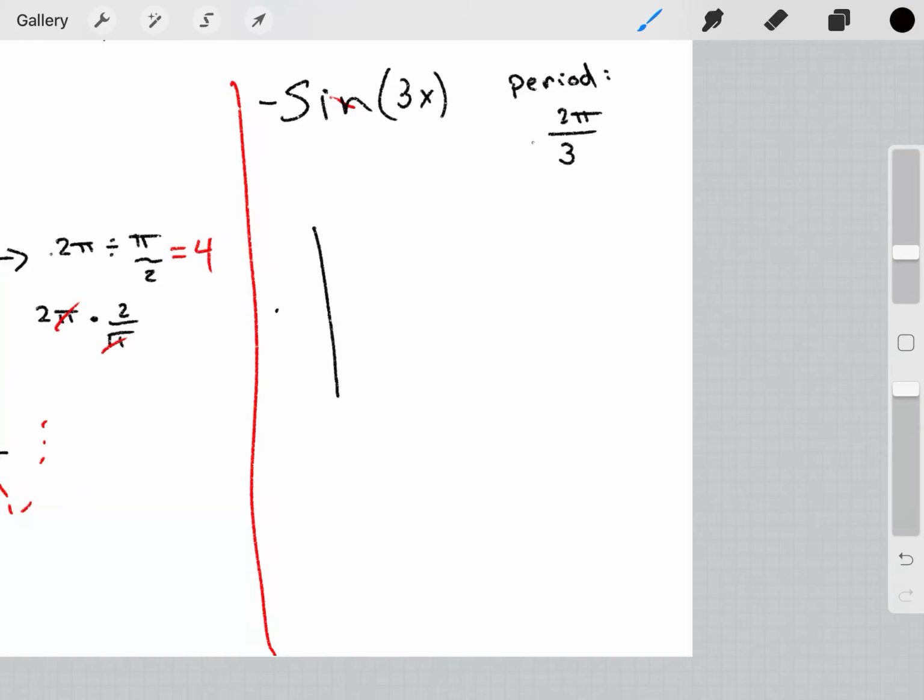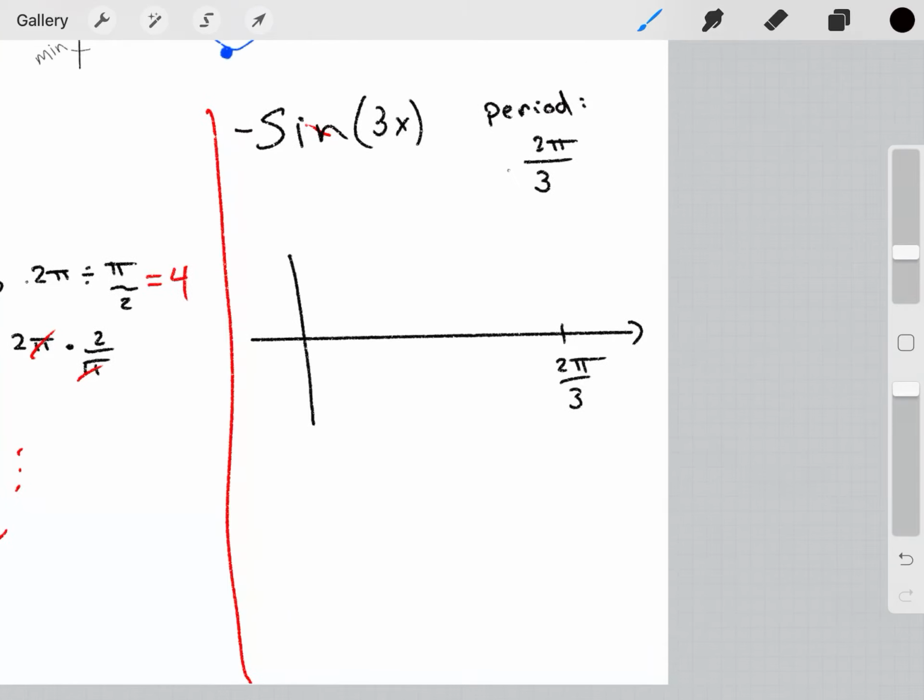Let's see. So in this case, what I have to know is that 2 pi over 3 is going to be the ending point. And then I'm going to need to know what the middle in each of those are. There is a fun trick to cut a fraction in half, which is double the denominator. So that's going to make this 2 pi over 6, which simplifies.